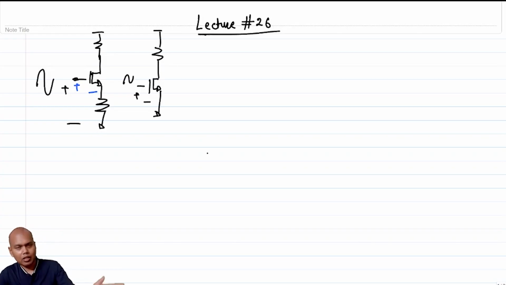Now it also depends on the amplitude of the signal, which I did not mention here, but from a very qualitative or intuitive argument, you can see that putting a resistor at the source is essentially reducing the VGS swing, not the quiescent VGS, right? If we can keep the quiescent VGS the same in both cases, then the circuit on the left will see a lesser incremental VGS swing than the circuit on the right.